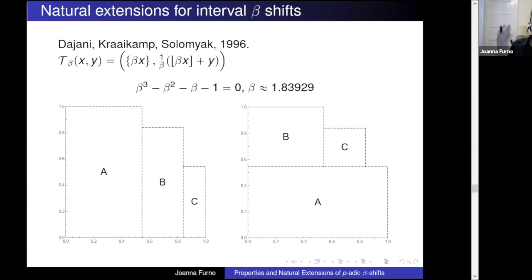And so when beta is not an integer, your space is not the whole square anymore. It's not the whole unit interval cross unit interval. In this particular example, you've got these sort of 3 pieces in your space. And what happens to this one piece? It gets stretched. And then everything in here is going to give you a digit of 0. And these 2 pieces, again, get stretched.